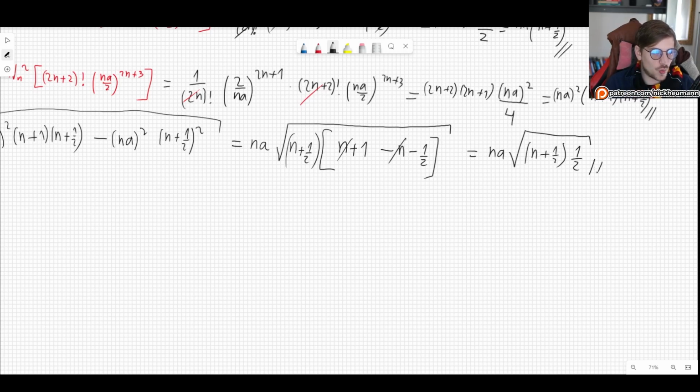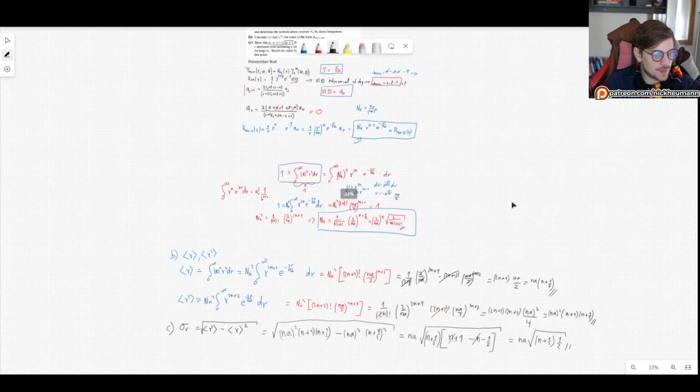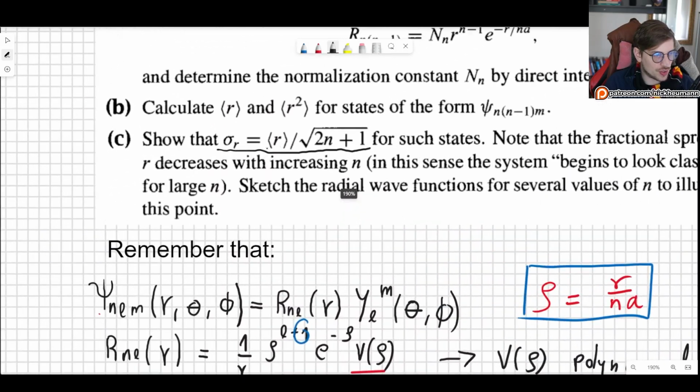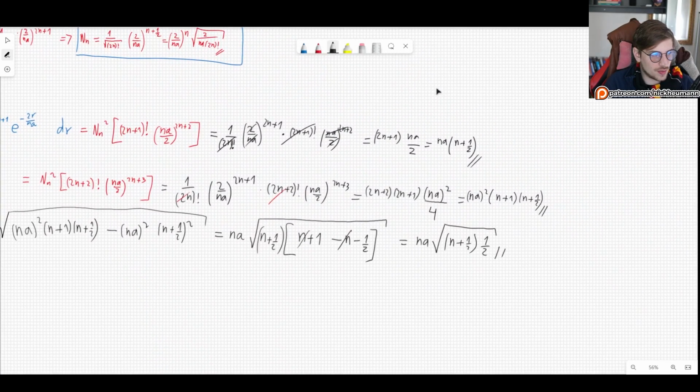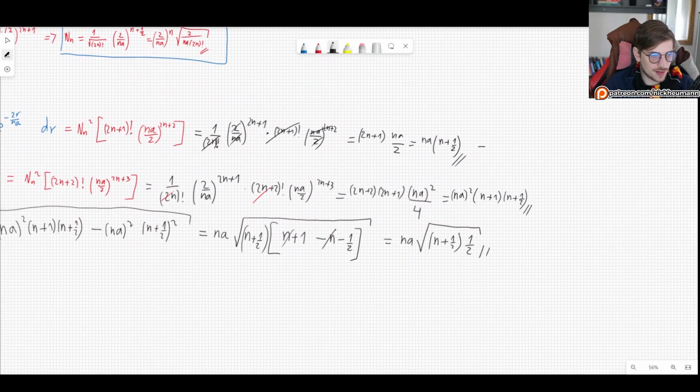But keep in mind that what is being asked of us is to write this in terms of the expectation value of r. We know that this thing right here is the expectation value of r. So how could we write this in terms of that? Well, I have NA here and there, so let's just solve for NA.